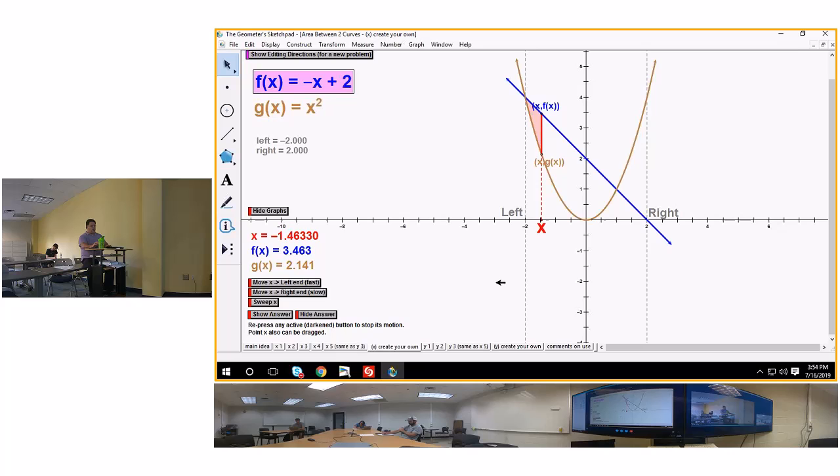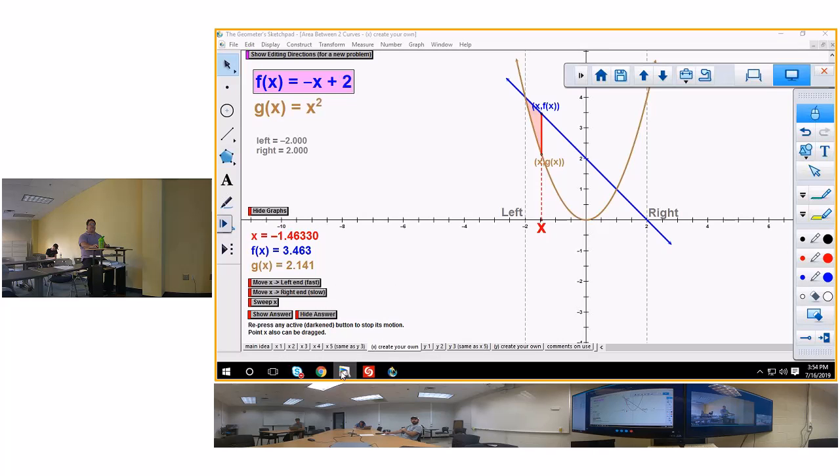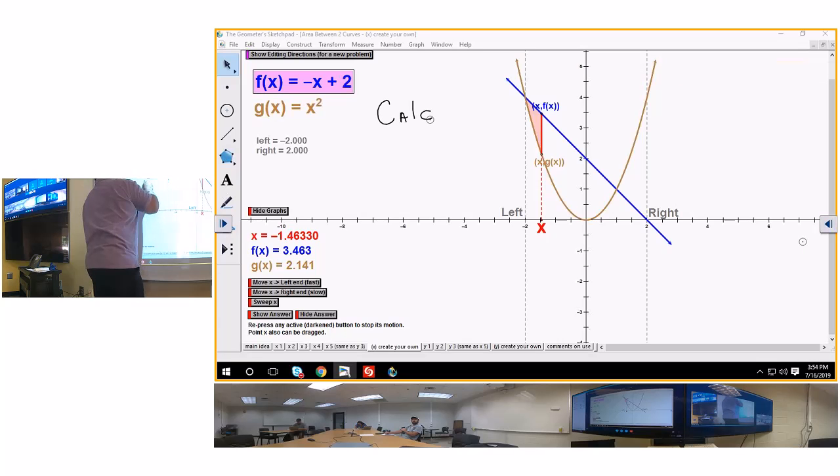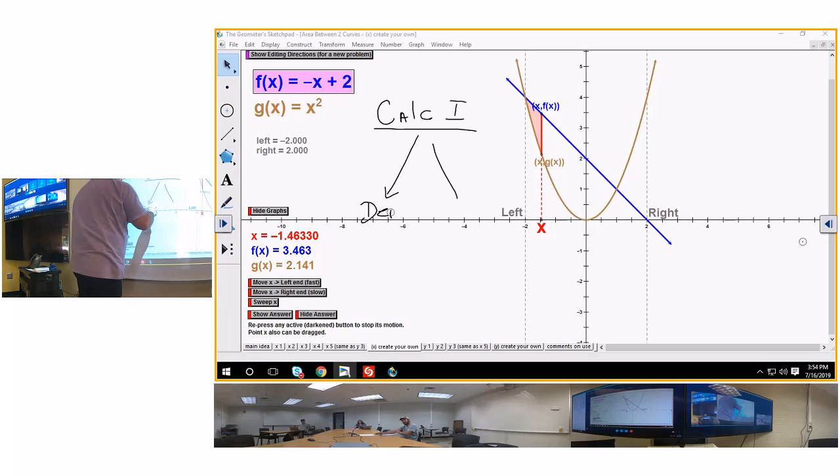Let me just draw this because this might make more sense. Calculus, Calc 1 especially, is divided into two things. One, the derivative. And the derivative gives us what?